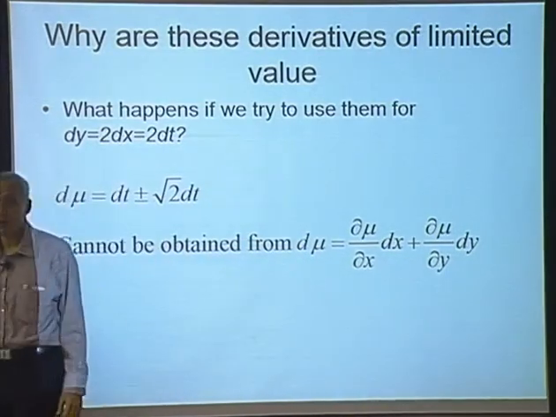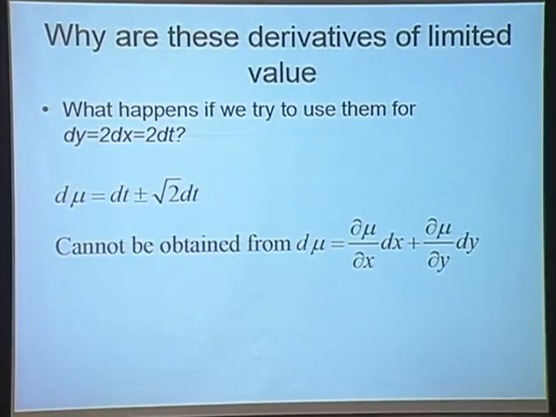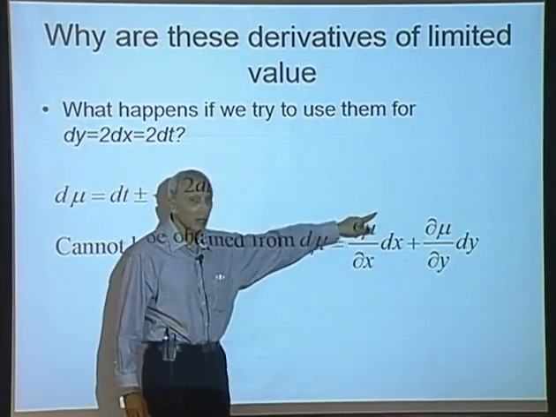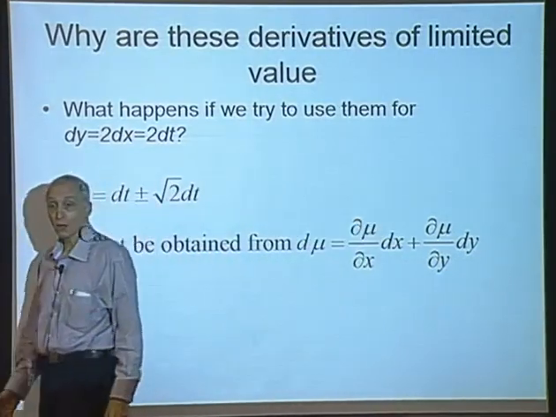This is the standard equation for calculating derivative in a direction, if you know the derivative in the coordinate direction. And remember that d mu/dx is either 1 or minus 1, and d mu/dy is either 1 or 0.